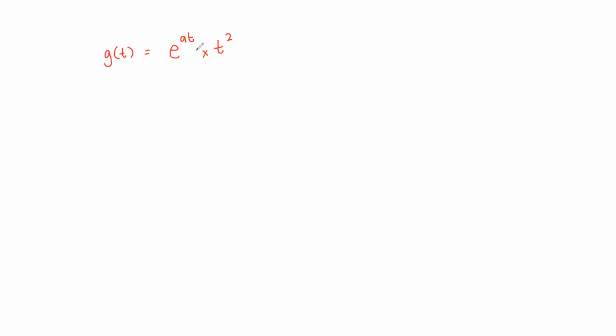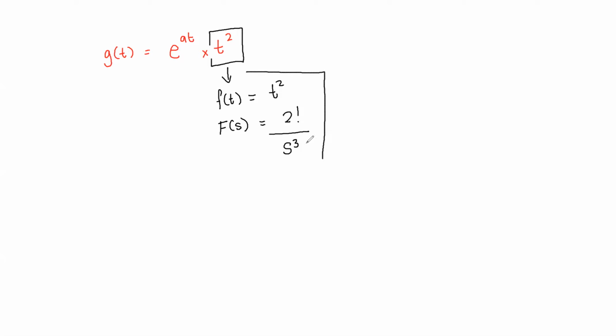We can separate t squared as another function f(t). So if f(t) is equivalent to t squared, you can refer to the table of basic Laplace transform. You will get F(s), which is equivalent to 2 factorial over s cubed. This is from our table.